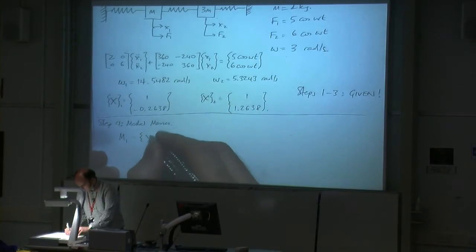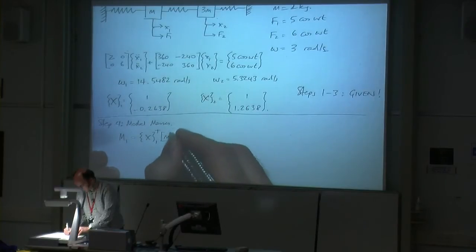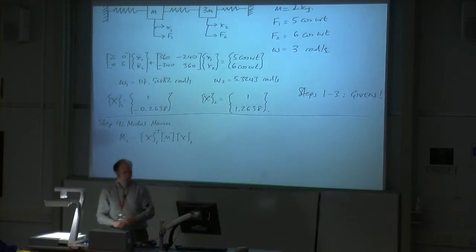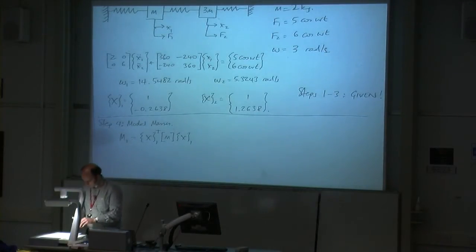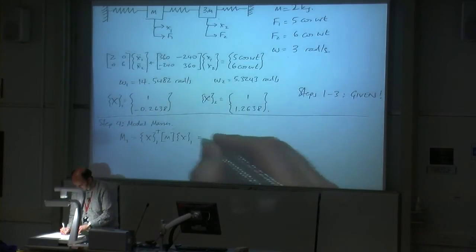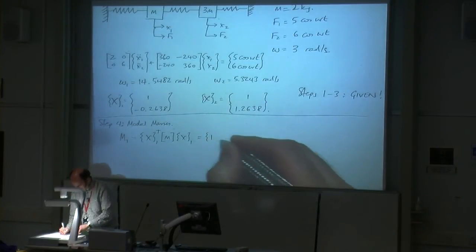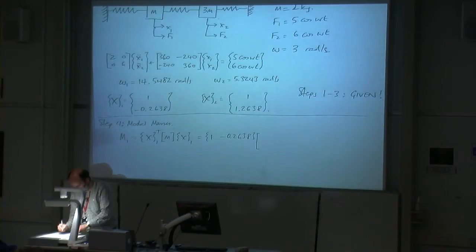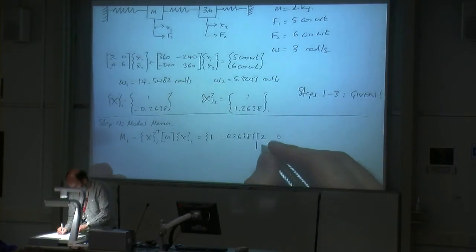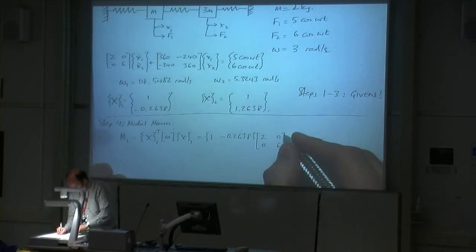You take x1 transposed times m times x1, with x1 being 1 and minus 0.2638, and m being 2, 0, 0, 6.